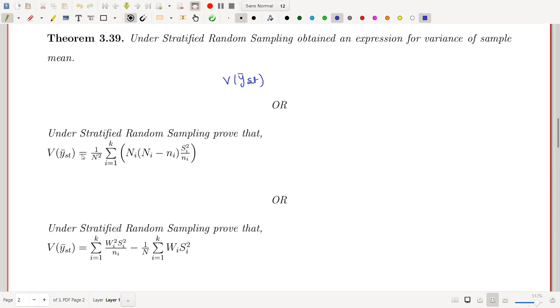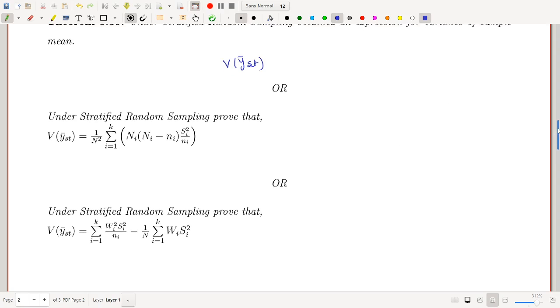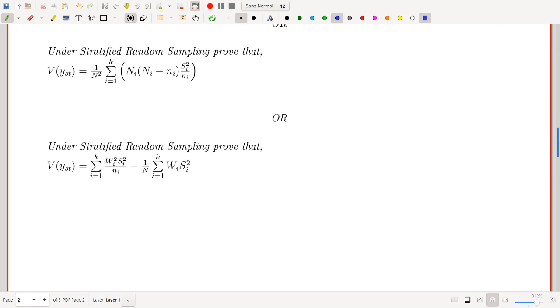So this theorem may be asked like this also. Means actually we want to find variance of y bar st. So, proof of this theorem. Consider variance of y bar st. Now you know the formula for y bar st. What is the formula for y bar st? 1 upon n summation i running from 1 to k ni into small y bar i.